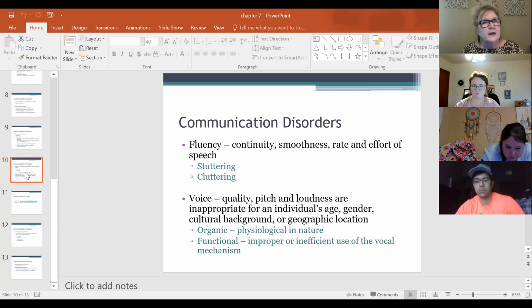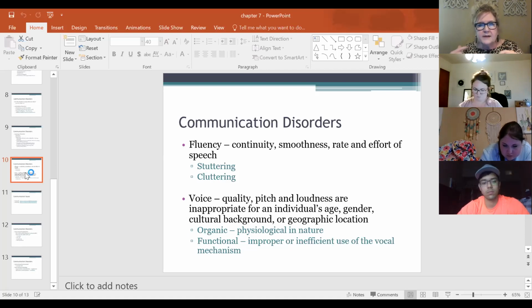Usually cluttering is when a person can talk, but oftentimes they're talking fast and they're getting their words almost on top of each other. And that's cluttering. Whereas stuttering is more of a slow pace.